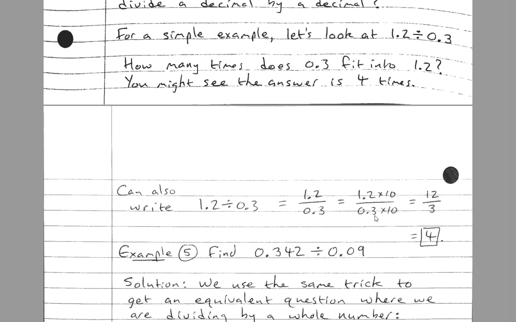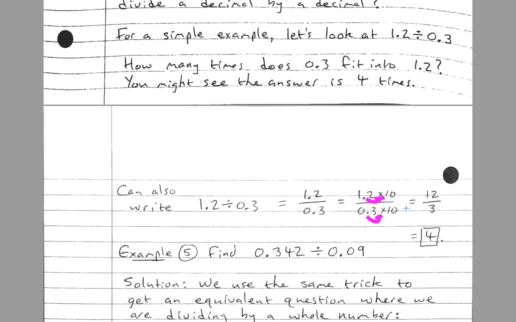If you multiply 0.3 by 10, remember, if you multiply by 10, the decimal point moves one place to the right. So you get 3. So that's a nice whole number. Of course, to keep this fraction the same, whatever I do on the bottom, I have to do on the top. So multiply the top by 10 as well.